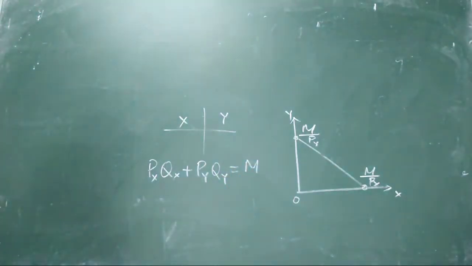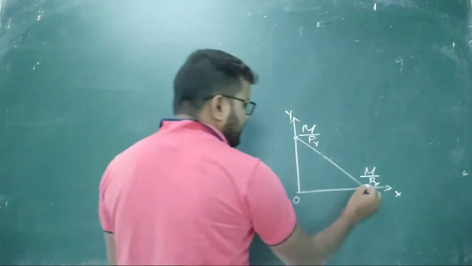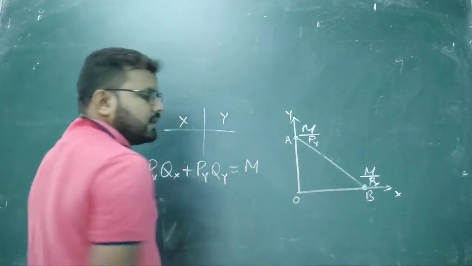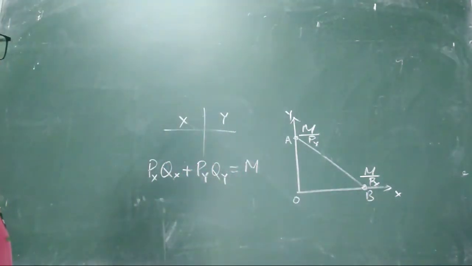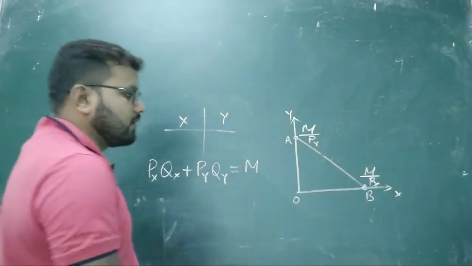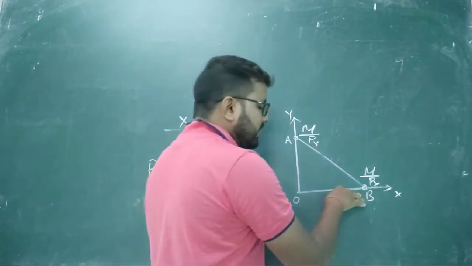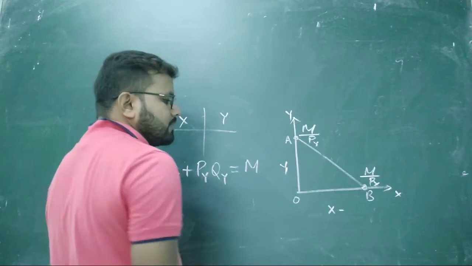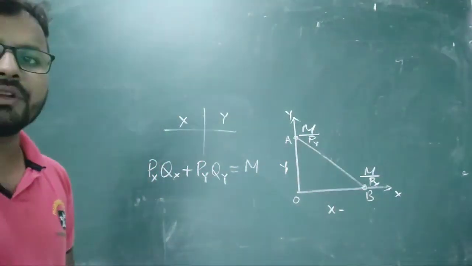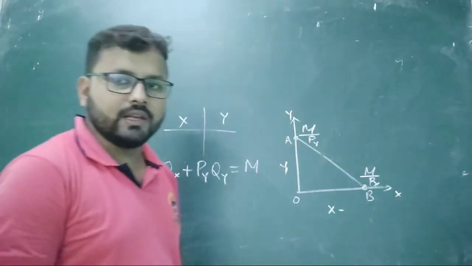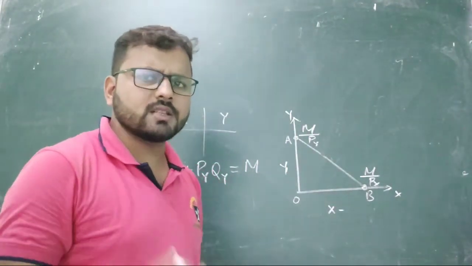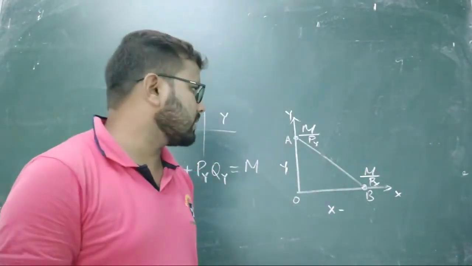Here the point B indicates the consumer only consumes commodity X, and the point A indicates the consumer only consumes commodity Y.